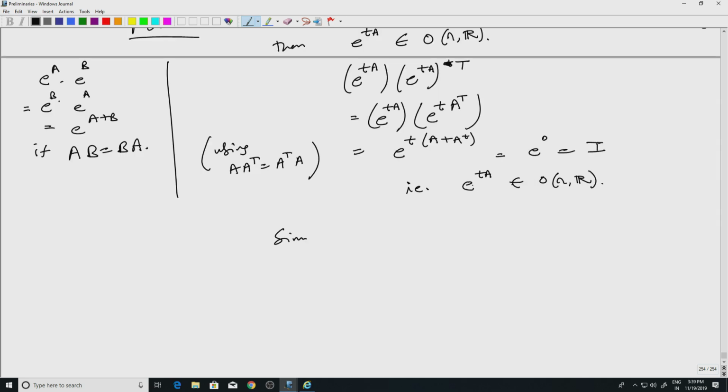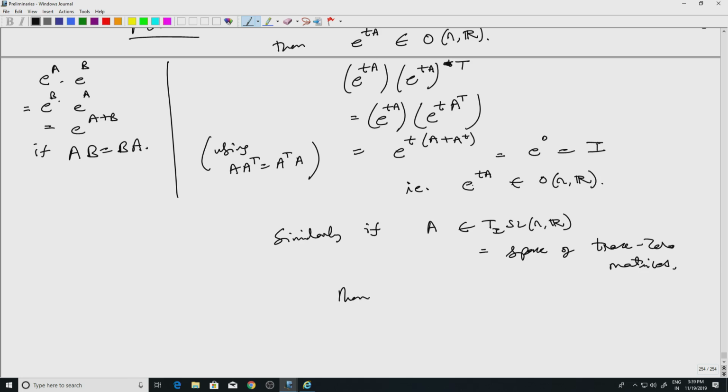Similarly, if A belongs to the tangent space at identity of SLnR, which is the space of trace 0 matrices, then e to the tA belongs to SLnR, i.e. det of e to the power tA equals 1.